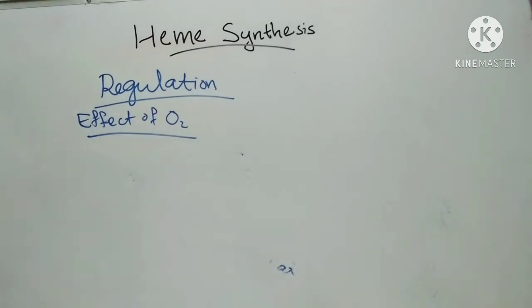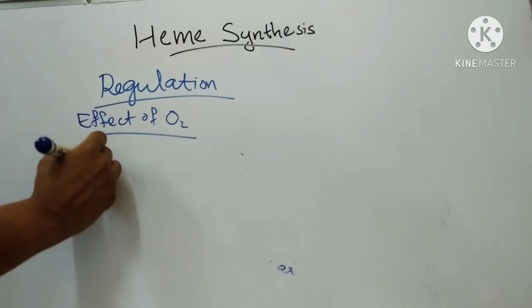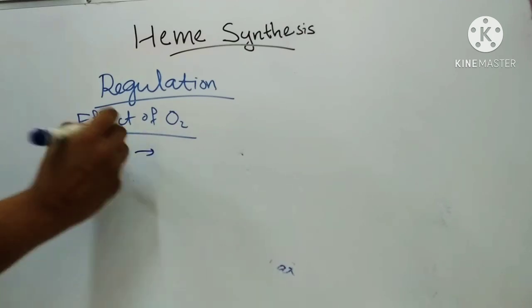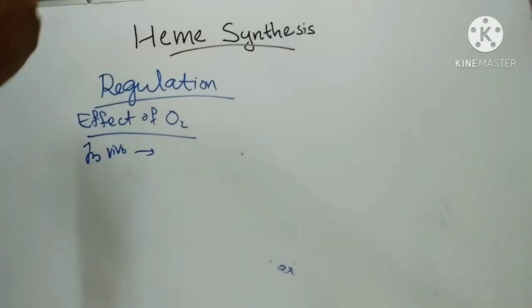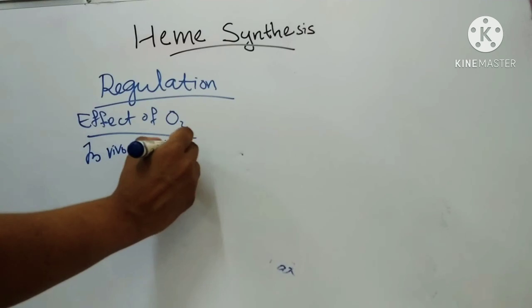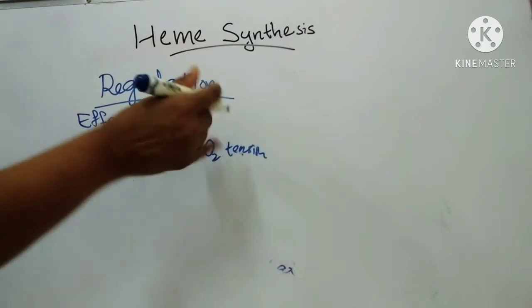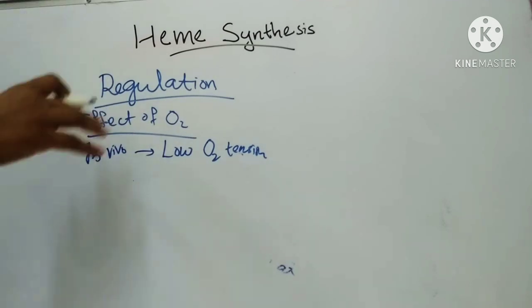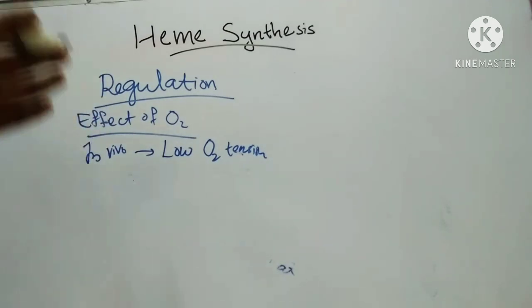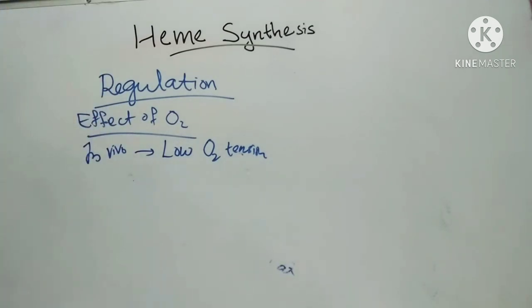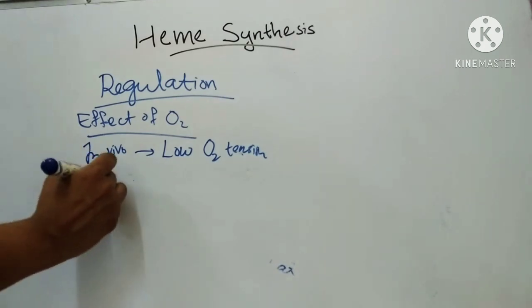This is the effect of oxygen on heme synthesis in vivo and in vitro. In vivo, heme synthesis is stimulated by low oxygen tension, that is, living at high altitudes. So heme synthesis is stimulated.